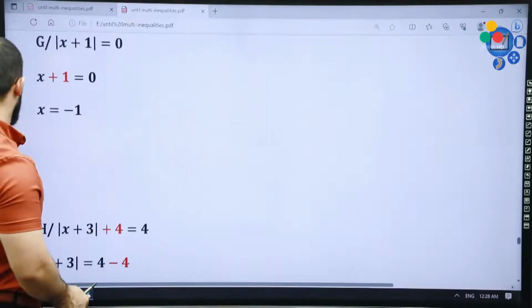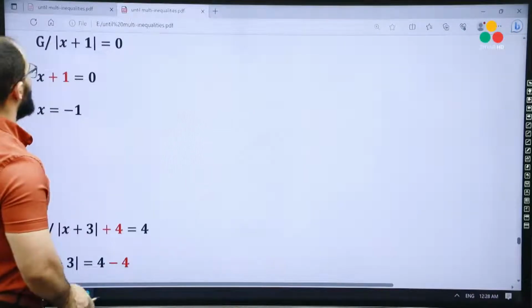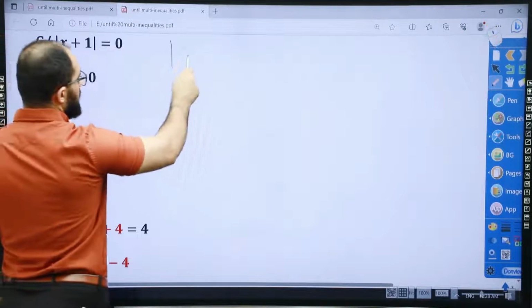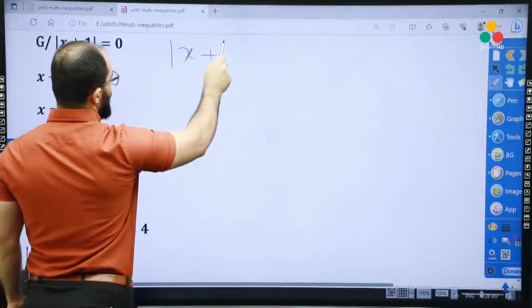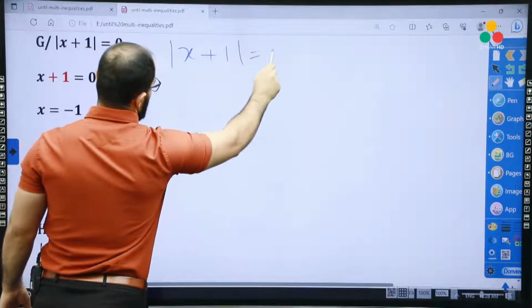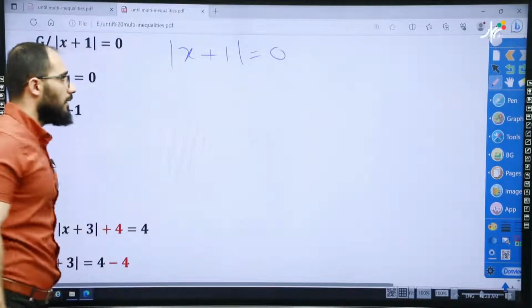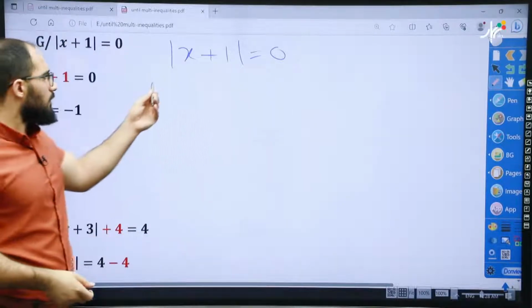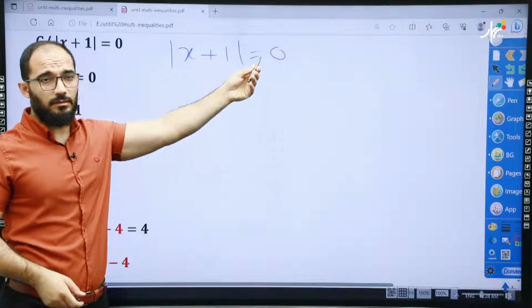So example G, the absolute value of x plus 1 is equal to 0. Right now, if you look at the example, we have equal to 0.